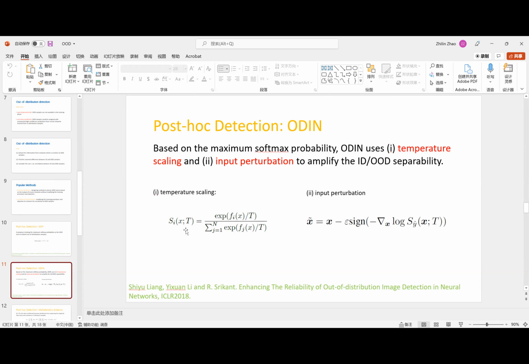Firstly, it considers the temperature scaling for the softmax probabilities, and then for the input, this method does not use the raw input directly. It uses the input perturbed by adversarial information. You can see the equation. By considering the two components, the algorithm assumes that the output softmax probabilities are more sensitive to the out-of-distribution samples.